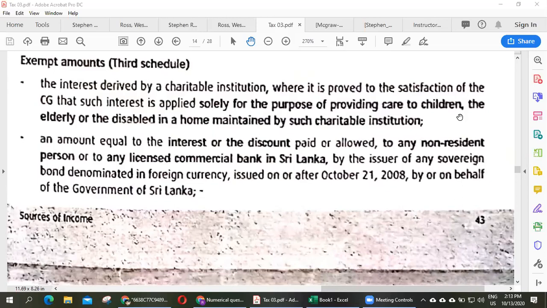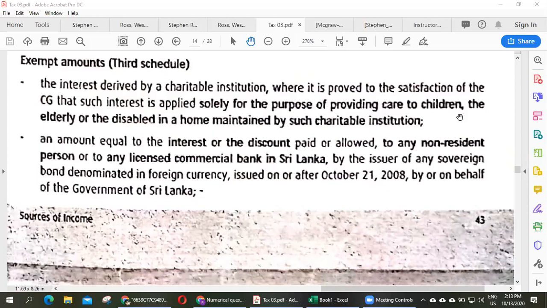The government instructs that no tax is charged on that interest income, right? If a charitable institution gets interest income, the government will not charge any tax on that interest.